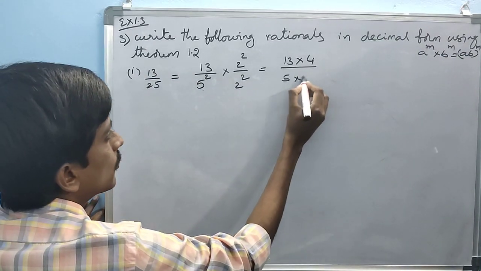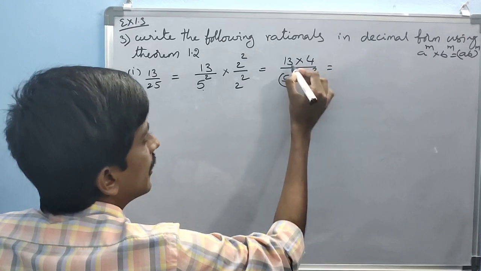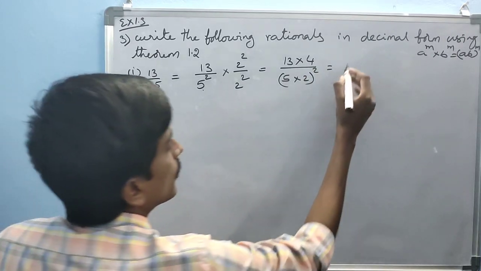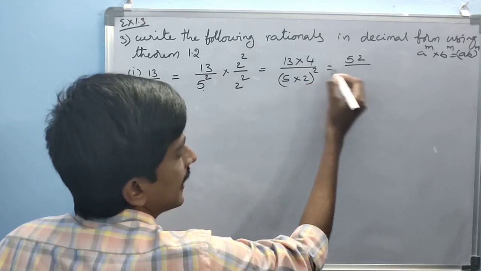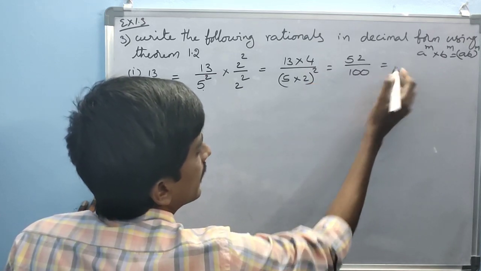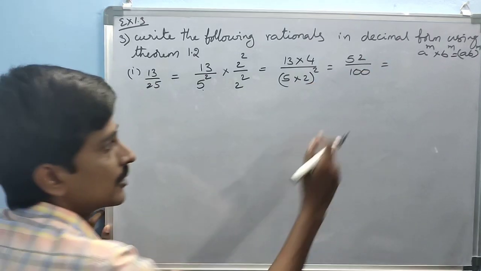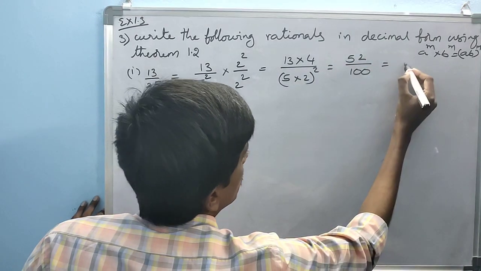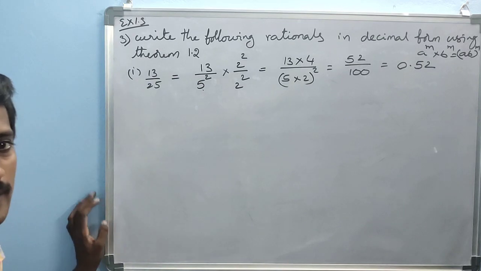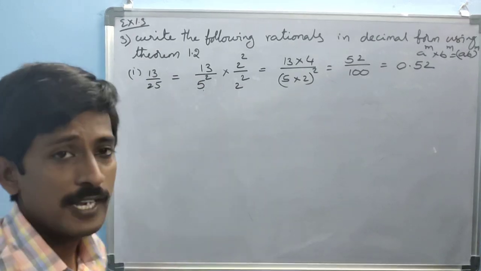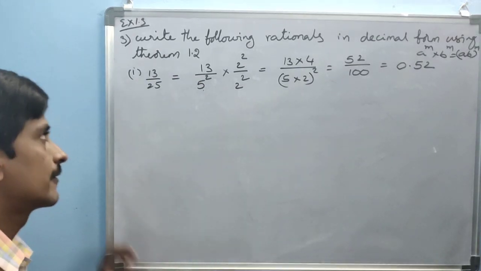So 5 into 2 whole square. 13 fours are 52 by 5 into 2 is 10, 10 square means 100. In the denominator 2 zeros are there, so we take the decimal point after 2 digits: 0.52. That is the decimal form of 13 by 25.